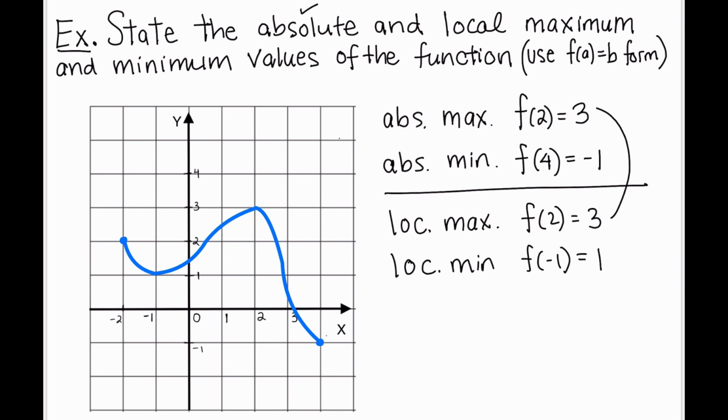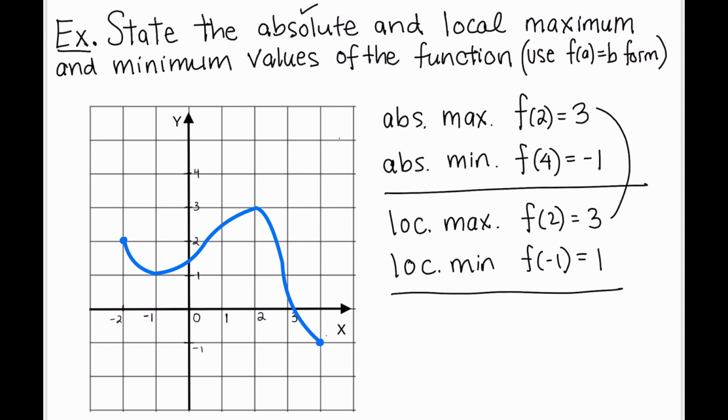And we can also just verify that my function is defined to the left of -1 and it's defined to the right of -1. So you can see that the graph has a portion on both sides of this point, -1, 1. Okay, and that actually takes care of all our local maxes and mins.